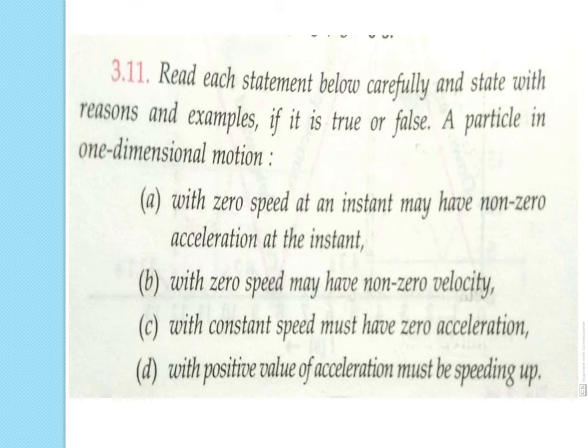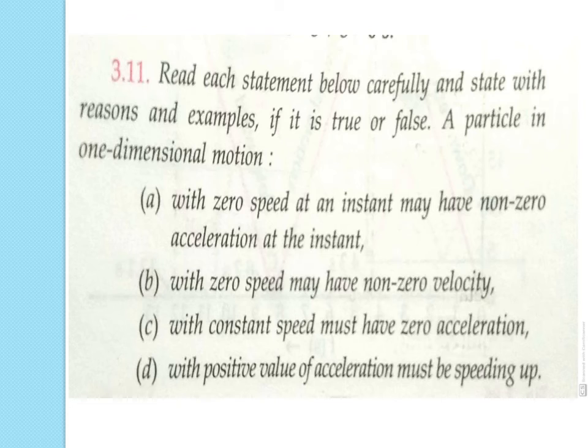The next one is, a particle with positive value of acceleration must be speeding up. It means if the acceleration is positive, the object's speed is always increasing. No doubt, in every situation we consider that when we increase the speed, we accelerate the object, that is known as acceleration, and when we apply brake, the object is speeding down, that is retardation.